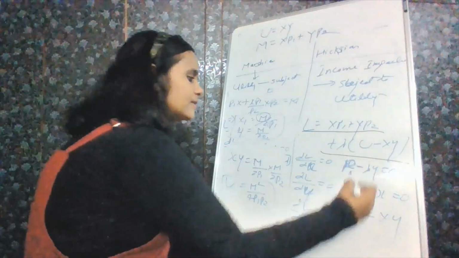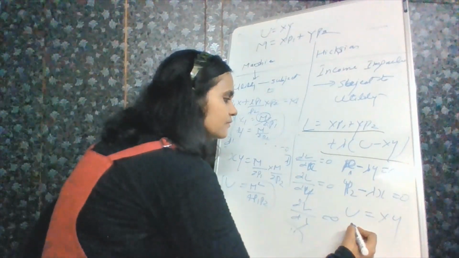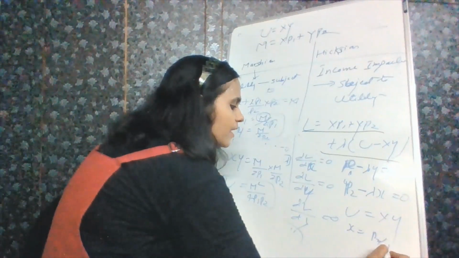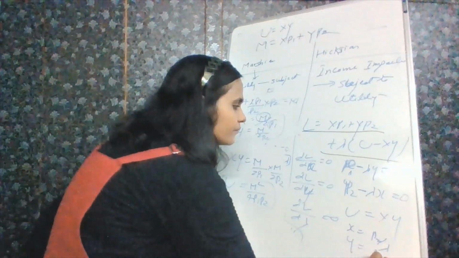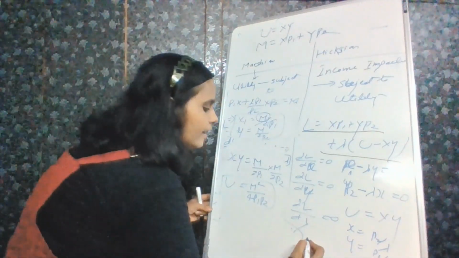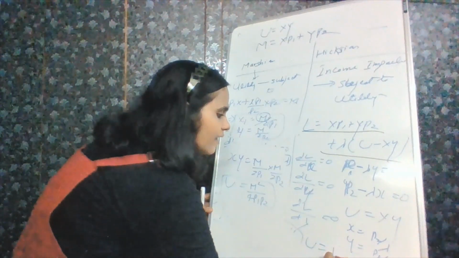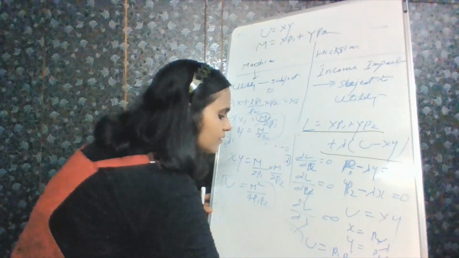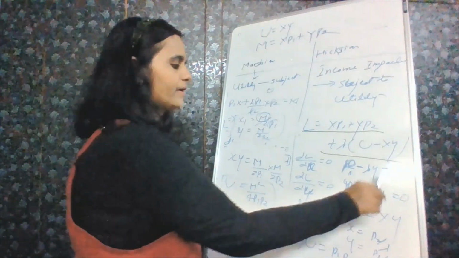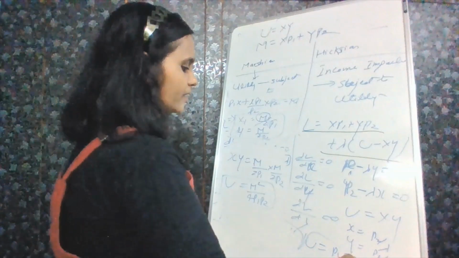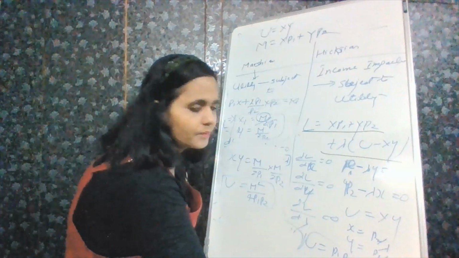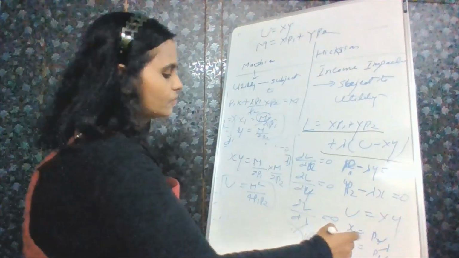Now in the Hicksian case, x will be p2 divided by lambda, y will be p1 divided by lambda, and utility will be xy, so p1 p2 divided by lambda squared. Lambda you can remove using x and y, so you will get x and y here.